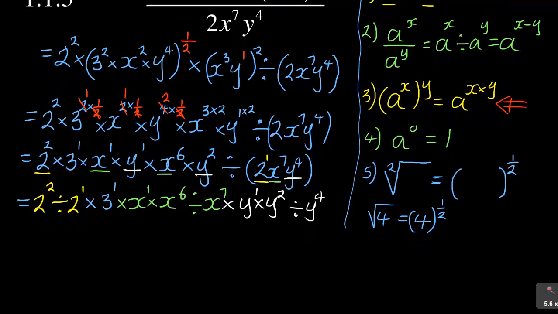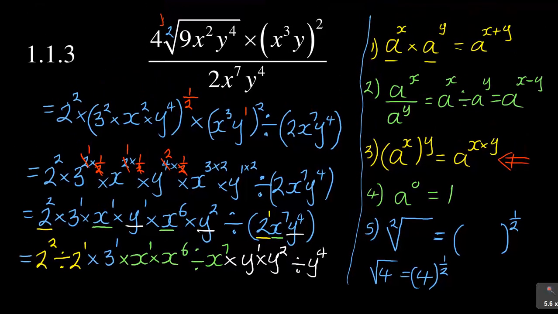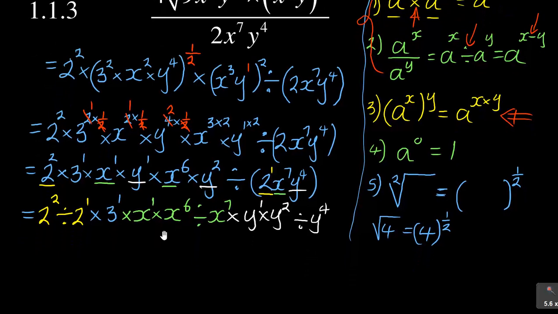And then again, you have to apply our first 2 laws of exponents. When there is a multiplication sign, what you do is you add, and when there is a division sign, what you do is you subtract. So that is what we're going to be applying now on this same base.